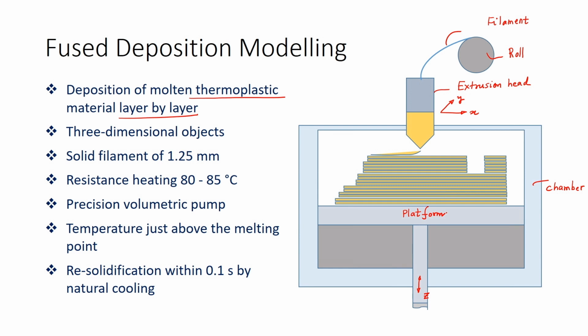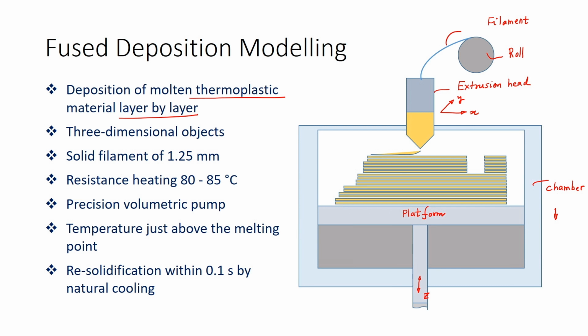After generation of one layer, the platform will be lowered. It will be moved in the downward direction. After the generation of a layer, the next layer will be deposited on the previously deposited layer, and in this way we can generate the 3D models using fused deposition modeling.